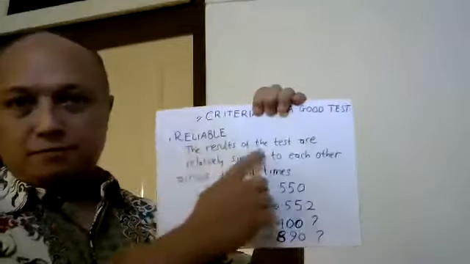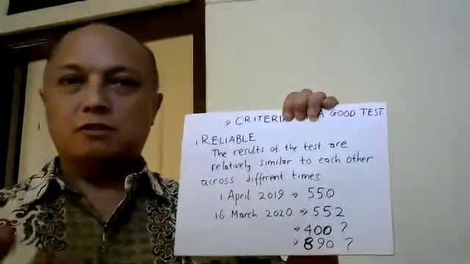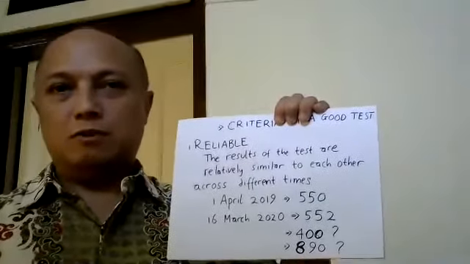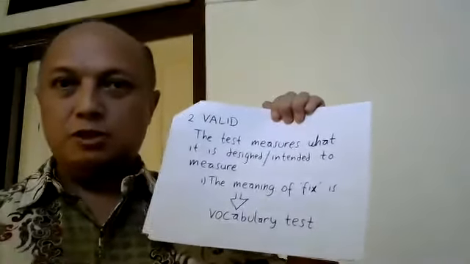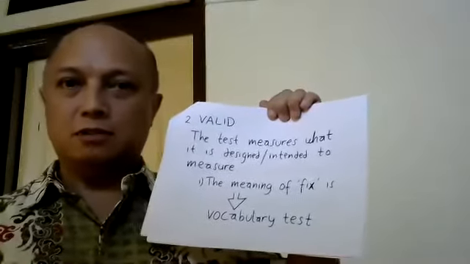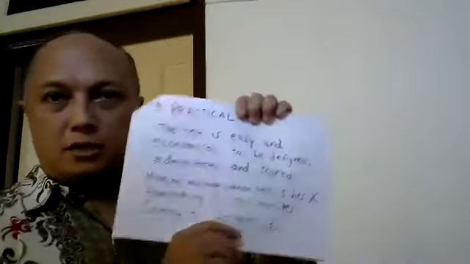Okay, that's it. So you have 4 criteria of a good language test. First is reliable, right? The extent to which the test scores are similar from one time to another. Second is valid. Valid means the test measures whatever it is intended or designed to measure. Third is practical.